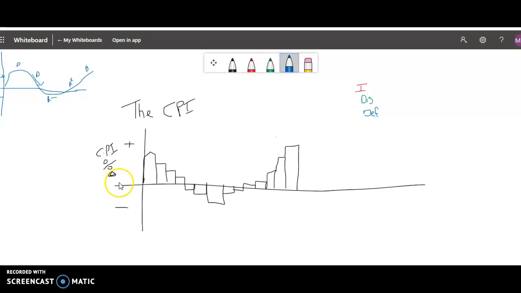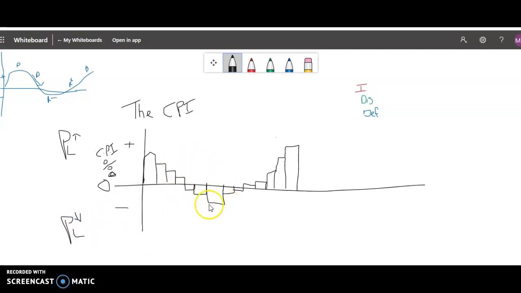The key thing is when the bar is above 0, that means there's been a positive increase in the CPI, the price level is increasing. Anywhere above 0, the price level is increasing, probably an important point. Whereas if we're below 0, the price level is decreasing.